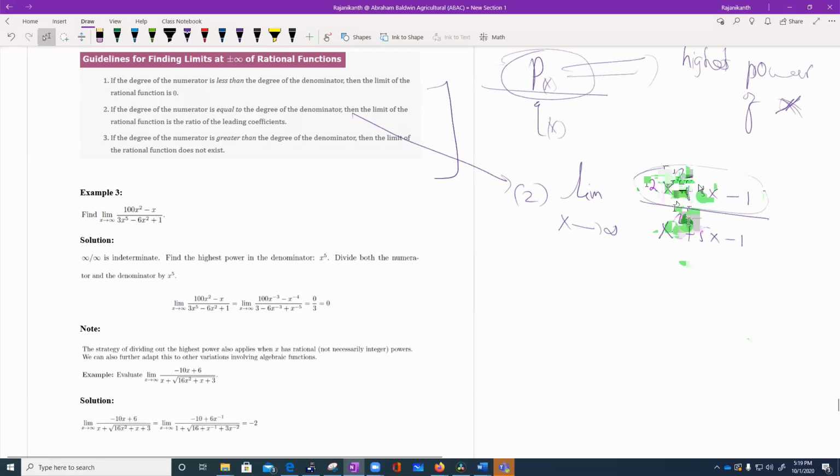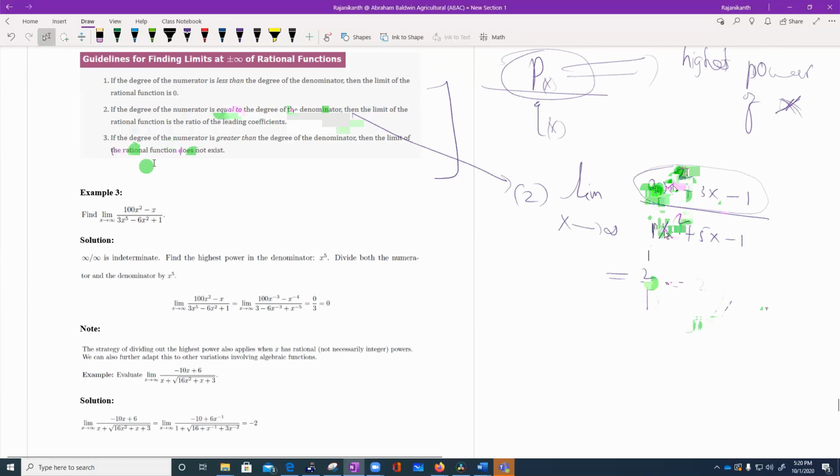Here also you have 2. That means the degrees are the same. If the degrees are equal, the limit is the ratio of the leading coefficients. Leading means the highest power coefficient. Here the highest power is x squared, the coefficient is 2. Here the highest power is x squared, the coefficient is 1, so simply 2 over 1. That gives the answer, which is 2. Makes sense, right? That is my second scenario.